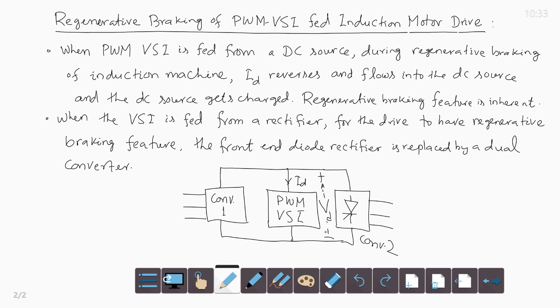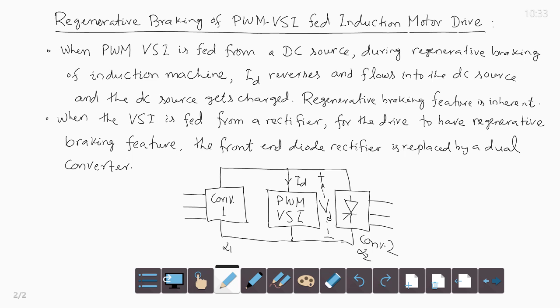So, when the VSI is fed from a rectifier, for the drive to have regenerative braking feature, the front end rectifier is replaced by a dual converter as shown here. Converter 1 has firing delay angle alpha 1 and converter 2 has firing delay angle alpha 2.